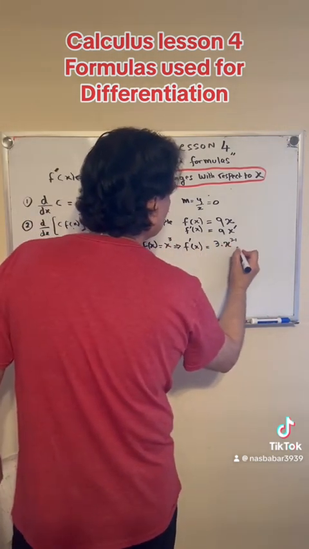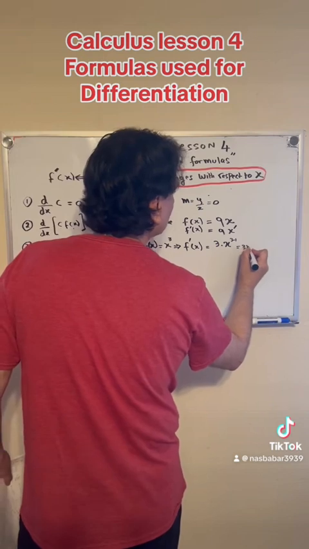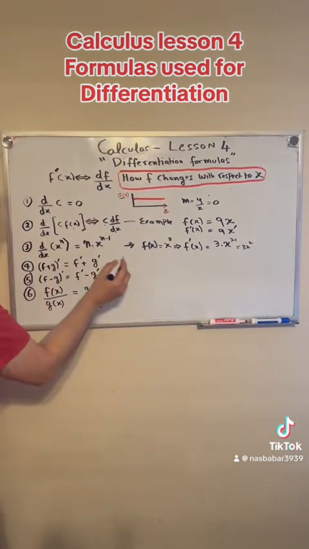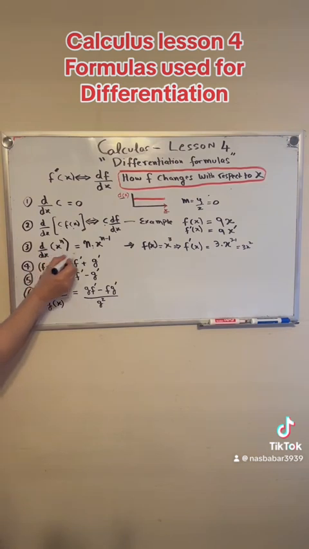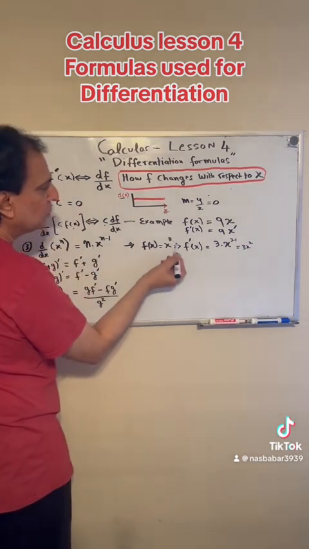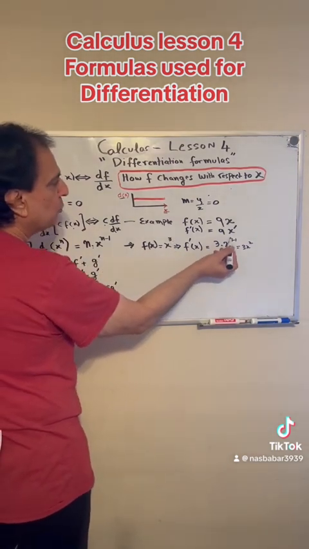So the answer is 3x squared. I just applied this formula. What I did was bring the n, which in this case was 3, and then x raised to the power 3 minus 1.